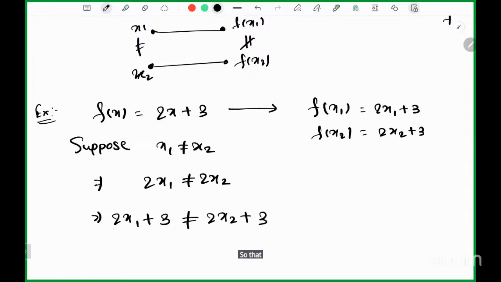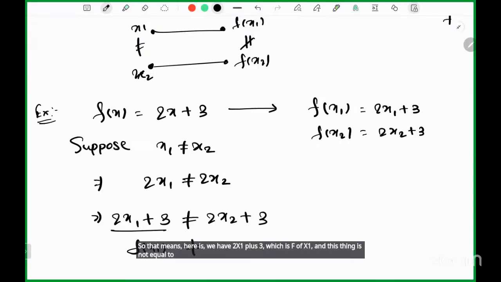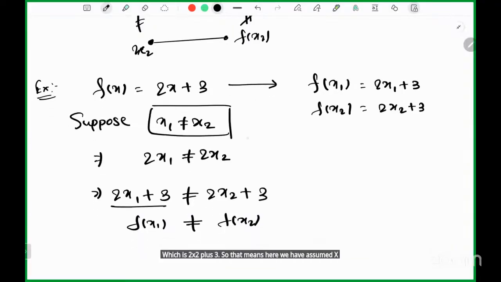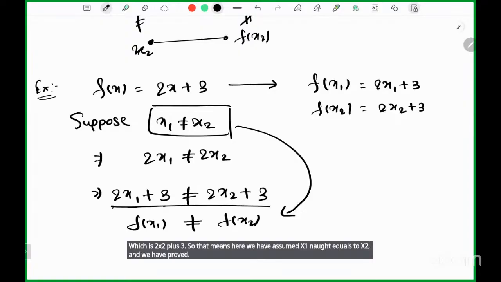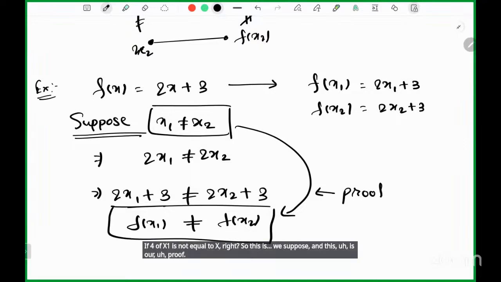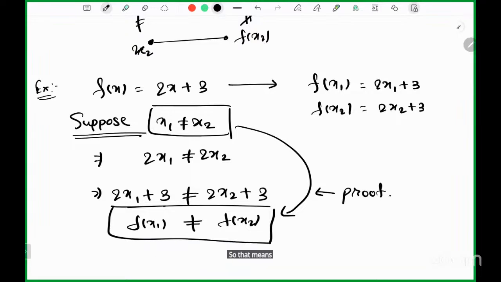So 2x1 plus 3, which is f of x1, is not equal to the output on x2, that is f of x2, which is 2x2 plus 3. Here we assumed x1 not equal to x2, and we have proved f of x1 is not equal to f of x2. This is our supposition, and this is our proof. So this particular function satisfies the definition of being a 1-1 function.